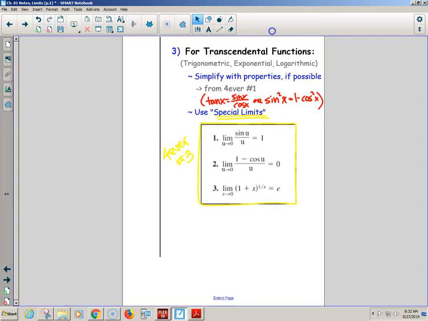And if you notice, in your flip book, doesn't it say sine of x over x? You can double check real quick. Isn't it the limit as x goes to 0 of sine of x over x? But what do I have that's different in your forever card? Sine of u over u. So what does that mean? Can I give you a quick example different than your flip book before we go back?